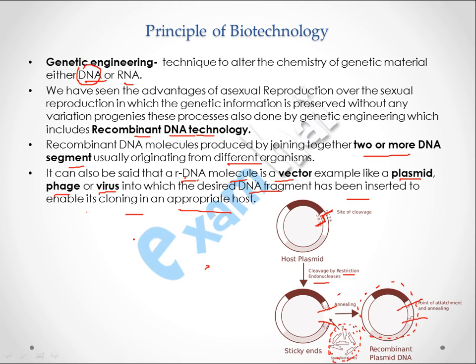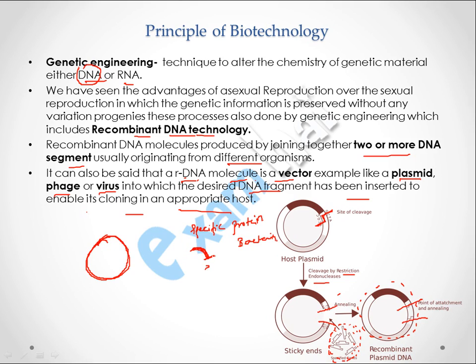For example, if we take this plasmid, and if we want to produce some specific protein which is very useful for human health, and this specific protein we get from some bacteria. What we do is take the gene of this specific protein from the DNA of that bacteria.